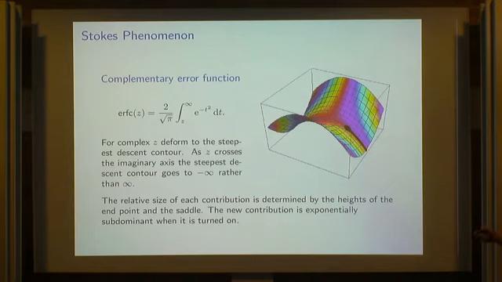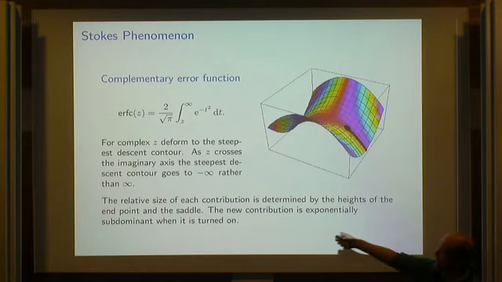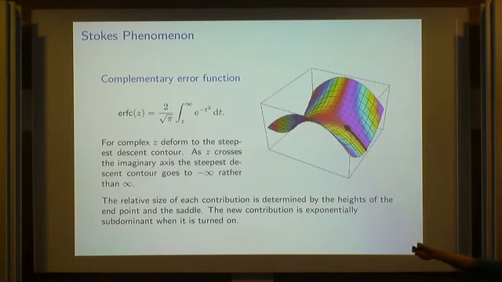The height is the real part of minus t squared, and the color tells you the imaginary part of minus t squared. This is an integral from the point z off to infinity. If I wanted to do an asymptotic expansion of this function, I'd deform to the steepest descent contour, and then do an endpoint analysis.